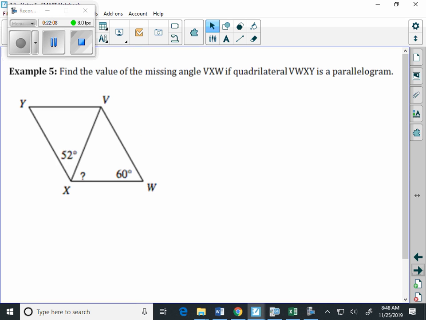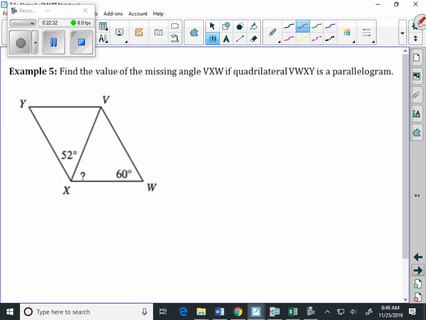Find the value of the missing angle VXW, if quadrilateral VWXY is a parallelogram. Well, remember, if it's a parallelogram, what we've got is that YV is parallel to XW.